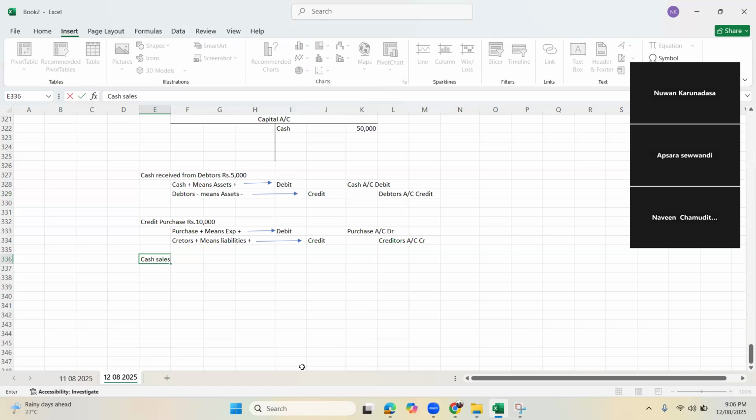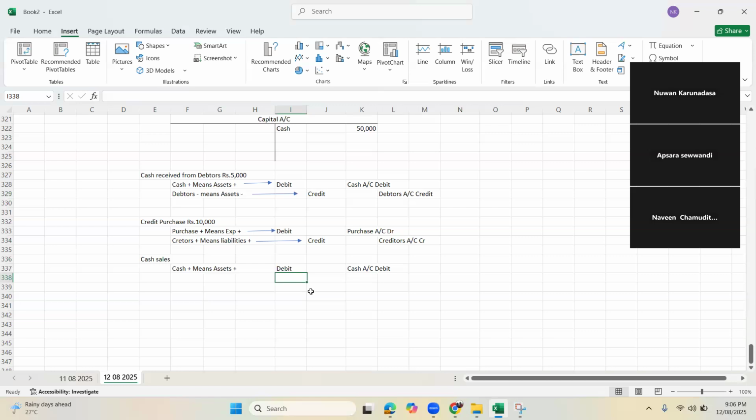Cash sales. Think. Cash increases means assets increase. Am I correct? Yes. That is debit. Cash account debit. Sales increases means it's an income. Sales increases means income increases.